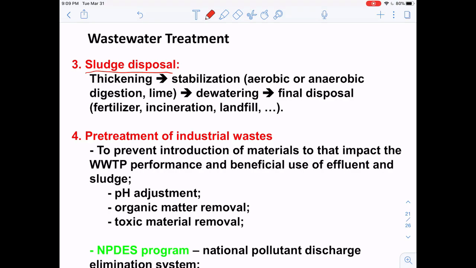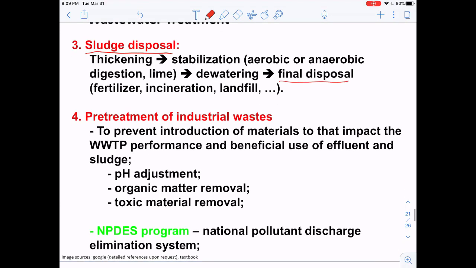We have to first thicken the sludge here, which is basically to make it more condensed or concentrated. And then we need to go through the stabilization, dewatering, and finally the final disposal. Okay, so it can be used as fertilizer, or it can go to the incinerators for combustion, or it can just go to the landfill.